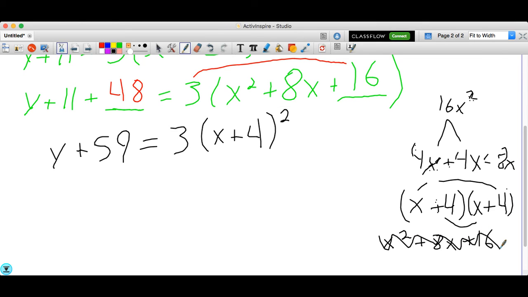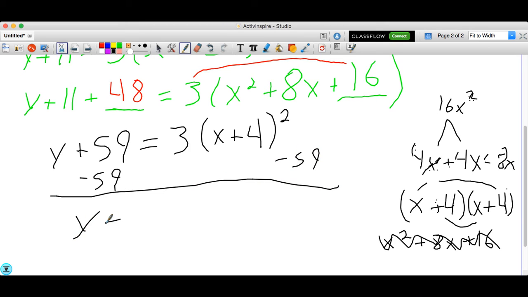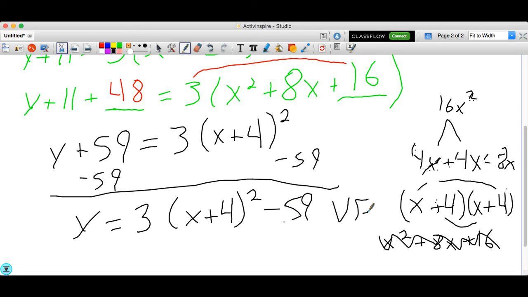And we're on to our final step here. So you can see we're almost in factored form. We just have to move this now 59 back over. We get y equals 3x plus 4 quantity squared minus 59. This would be our vertex form.